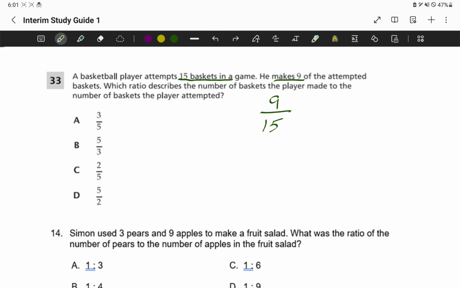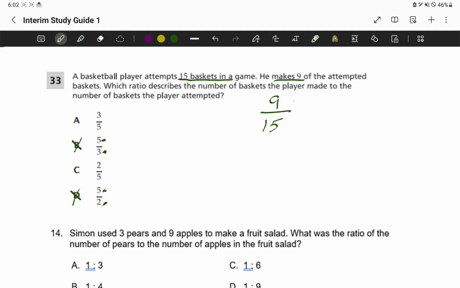Next up, we can get rid of choice B and choice D because those don't make sense. You can't make more than you tried. You can't make 5 baskets when you only tried 3 shots. And you can't make 5 baskets when you only tried 2 shots. That's just not possible. I know somebody watching this right now is trying to come up with some crazy idea. It's just not possible.